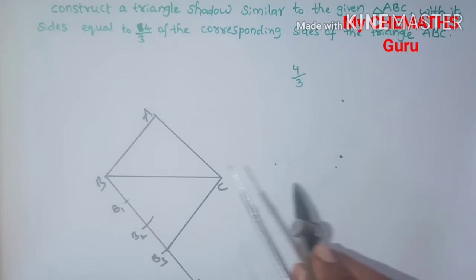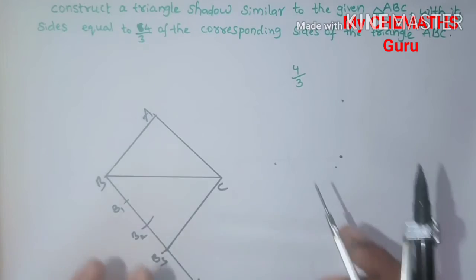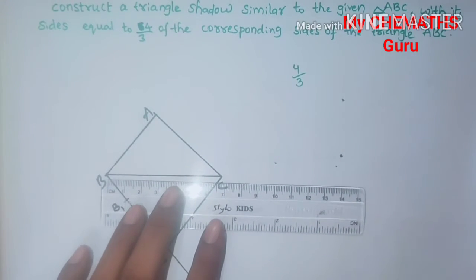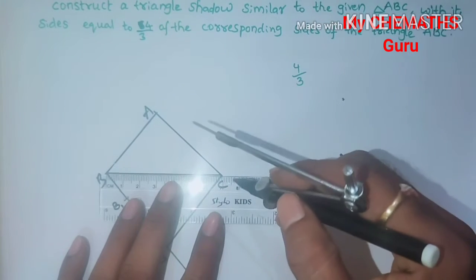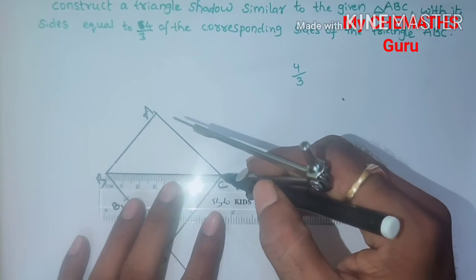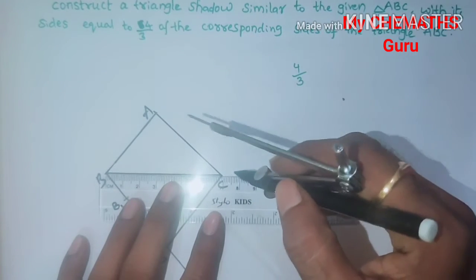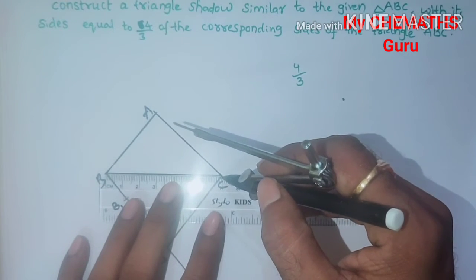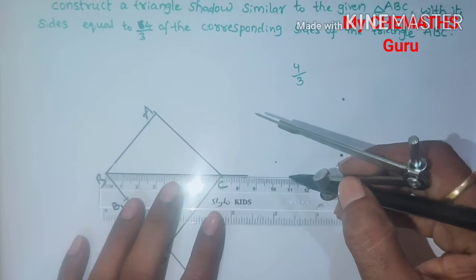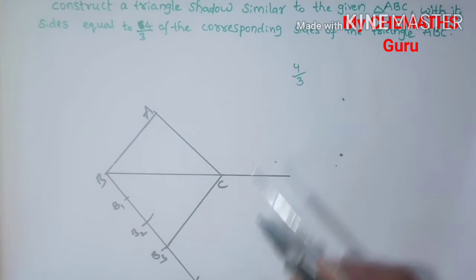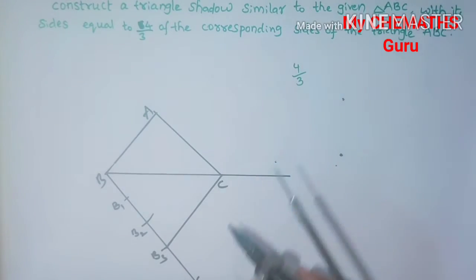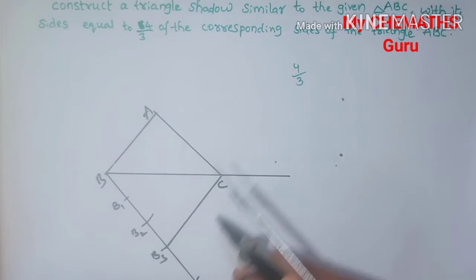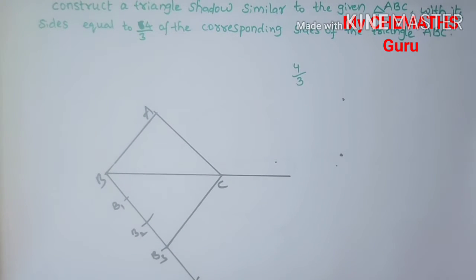You should extend BC towards C, because here the numerator is 4, which is greater than 3, so it is not possible on the ray. So we have to extend BC towards the C side, to the right side.